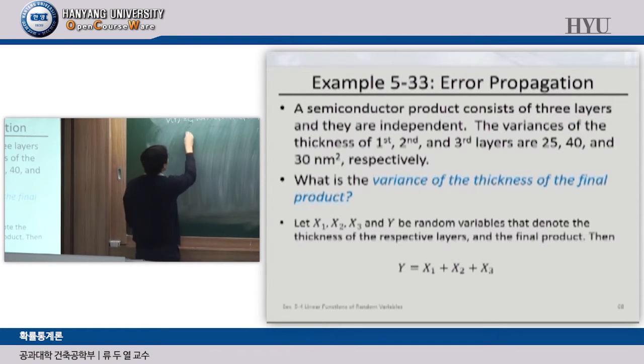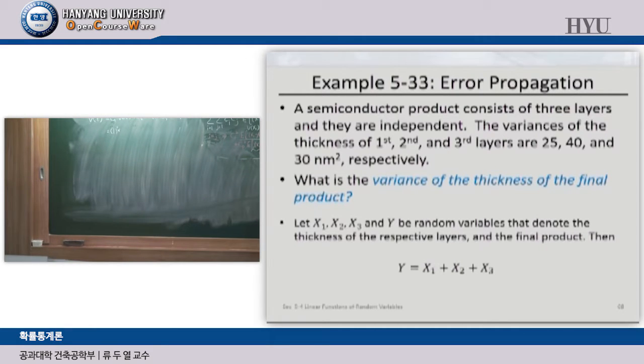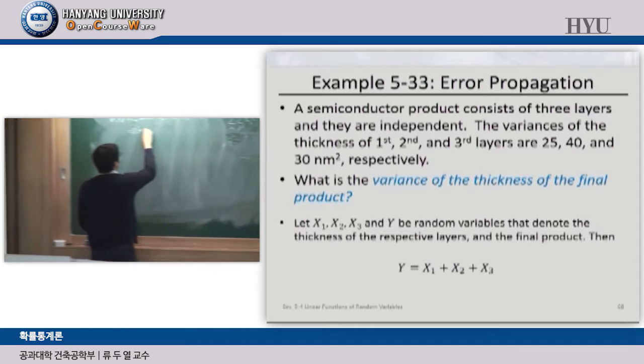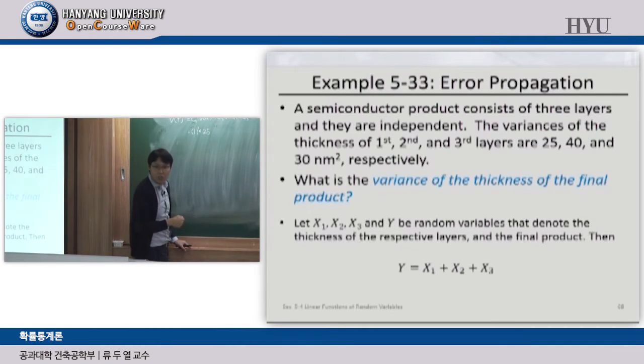Right? So that is equal to 1 squared times the variance of x1. The variances of the thickness of the first, second, and third layers are 25, 40, and 30 nanometer square. So that is equal to 25, okay?